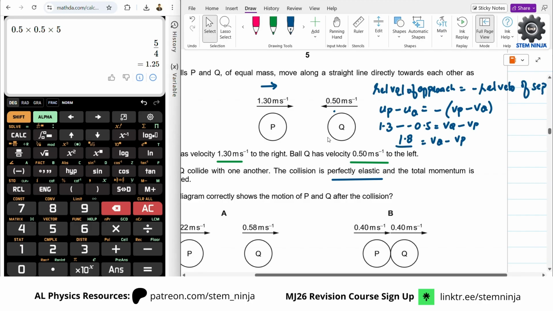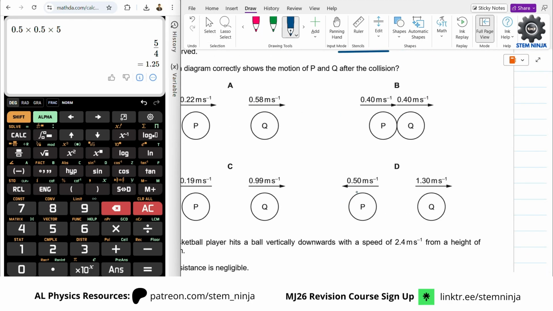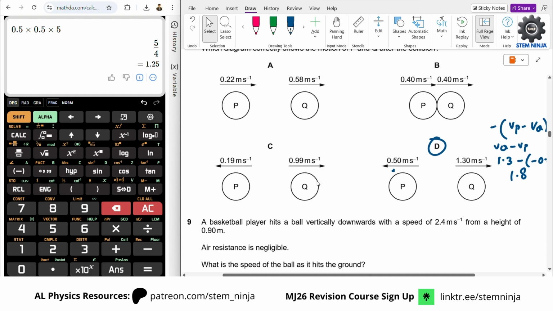So the magnitudes are the same but in opposite directions. As you can see, 0.5 is going in the opposite direction, 1.3 going in the other direction. So if you do Vq minus Vp or even Vp minus Vq, you will get 1.8 as before. So D is the correct answer.